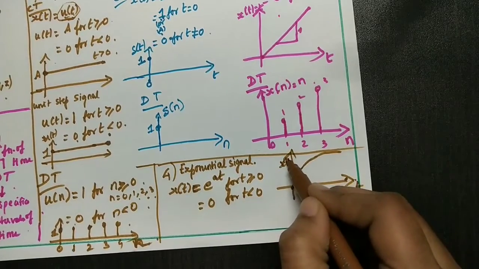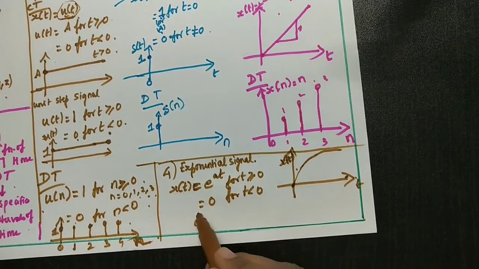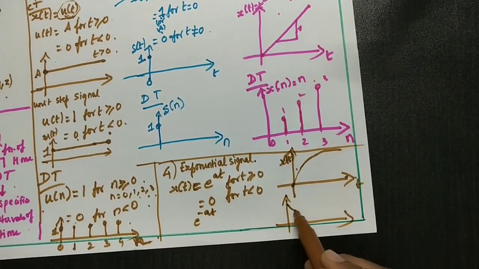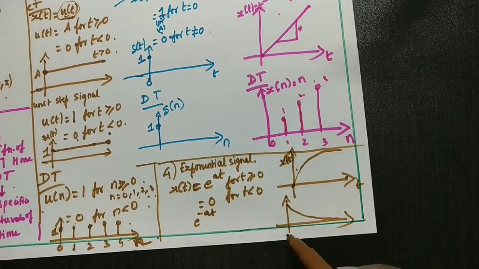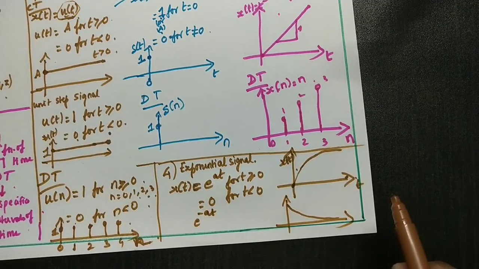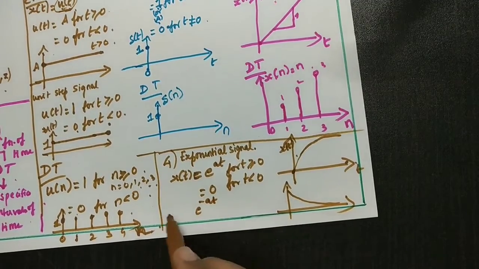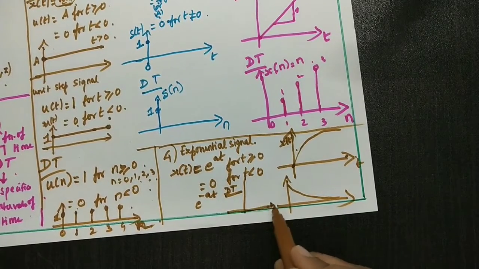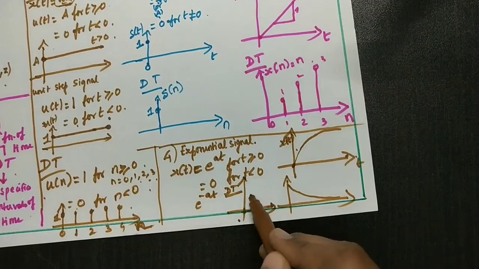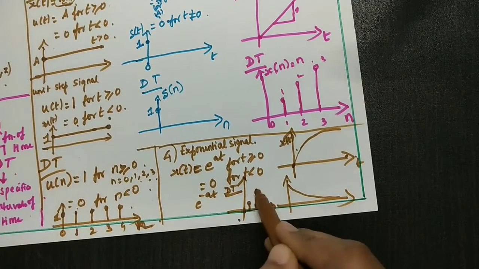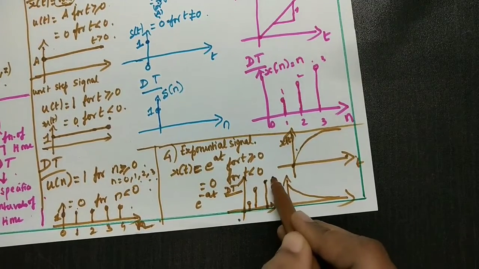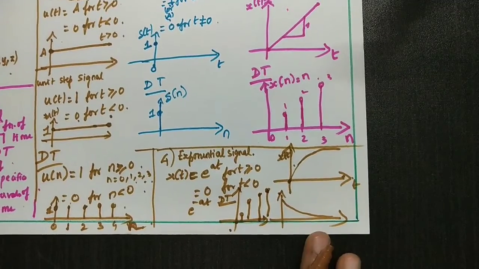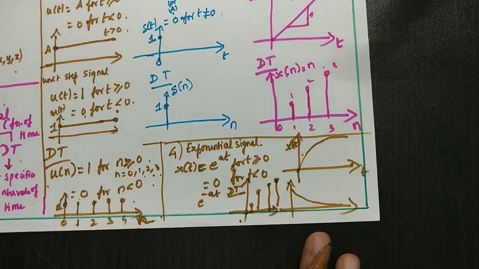If it is e power minus at, that is a decaying exponential. The curve will be like this. So this is the representation for an exponential signal. For a discrete time signal, it will be defined at specific intervals of time, like this. So this is the exponential signal.